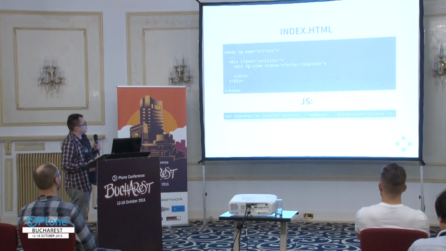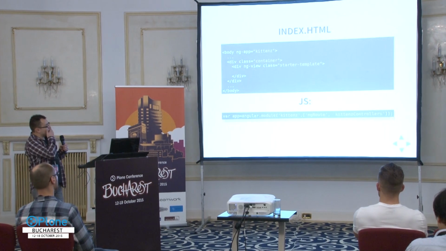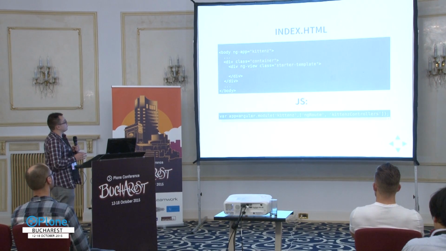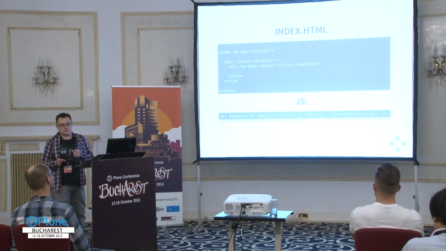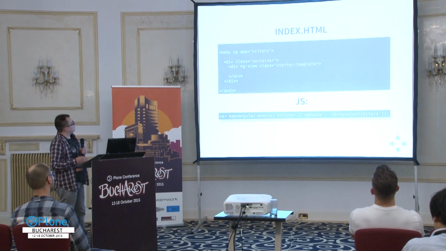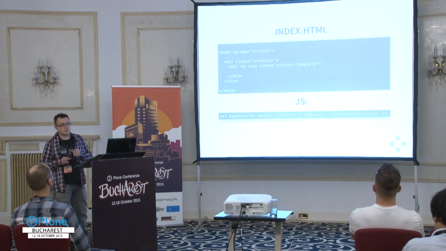Now, I'm going to show you a snippet from the index.html. I'm not going to display everything, but only what's important. As you can see, on the body we have a directive. Everything that starts with ng dash is an Angular directive. This directive, ng-app, is defining the root for the app itself.